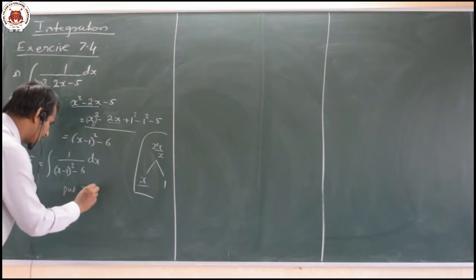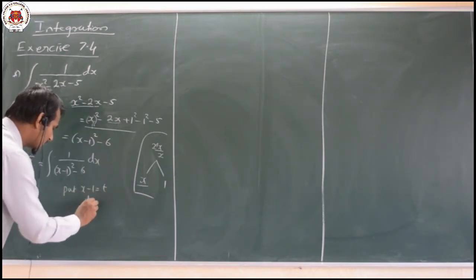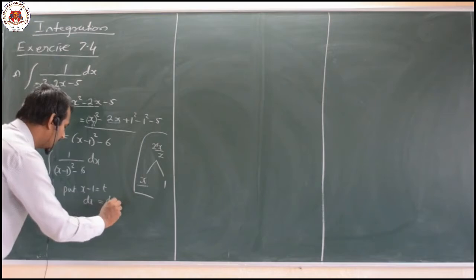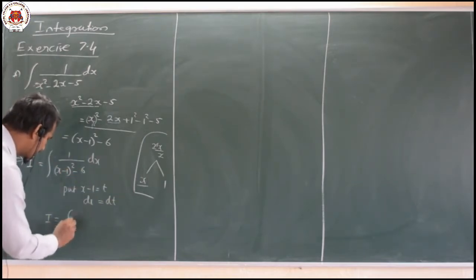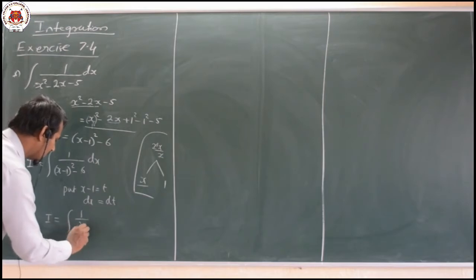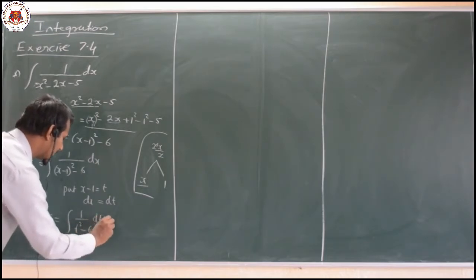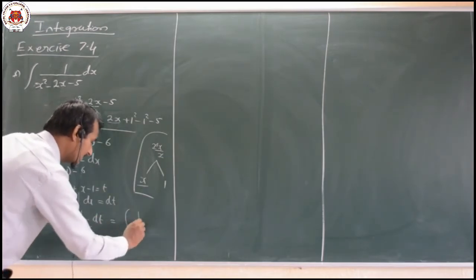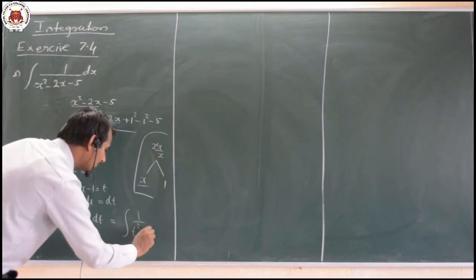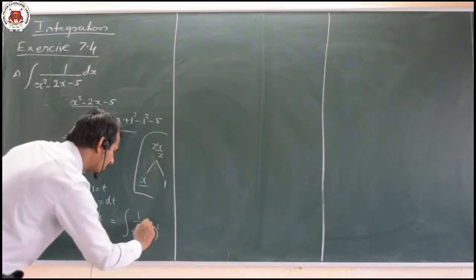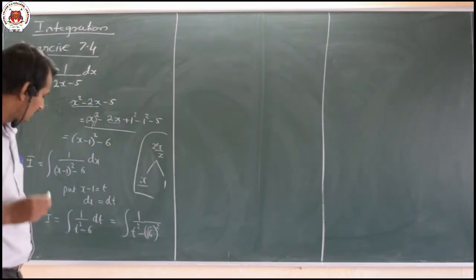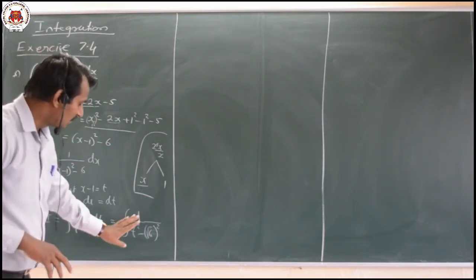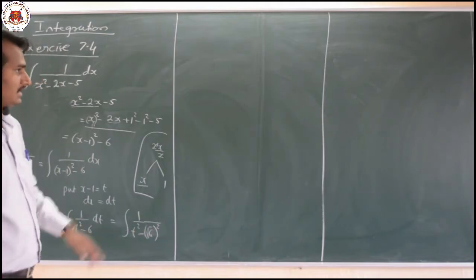That implies dx equals dt. Substituting both, I is equal to the integral of 1 divided by t square minus 6 dt, which is equal to the integral of 1 divided by t square minus root 6 whole square, which is nothing but the 1 divided by x square minus a square format.